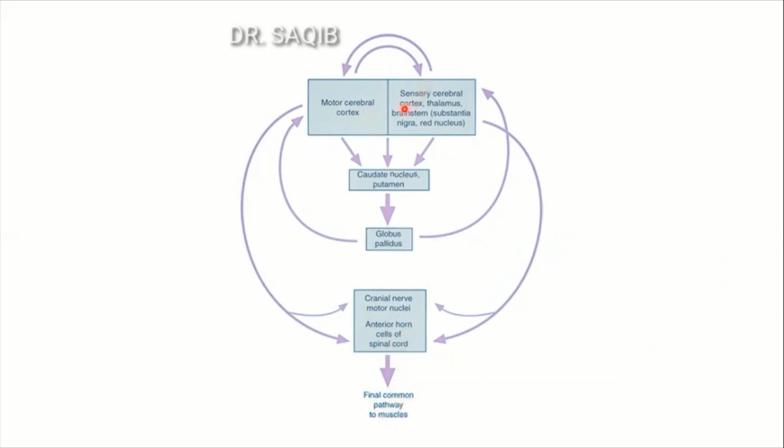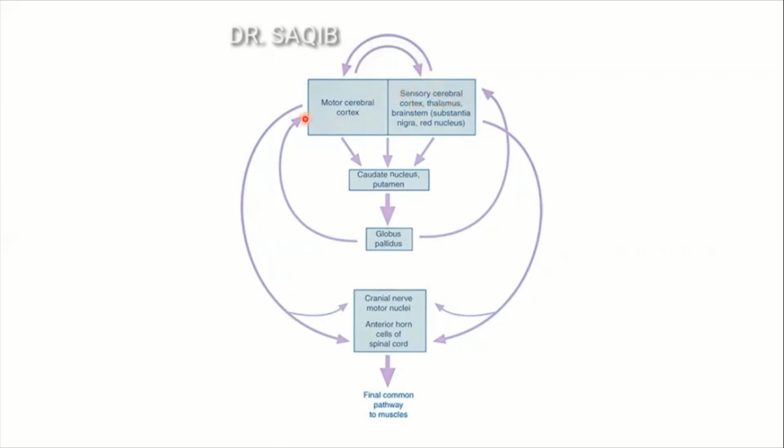Here you can see this is the sensory portion of the cortex, and these portions, thalamus, brainstem, substantia nigra, and nucleus, are exerting influence on the motor cerebral cortex, which reciprocally exerts its influence on the sensory areas, right?